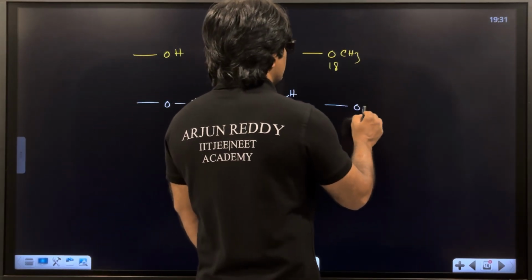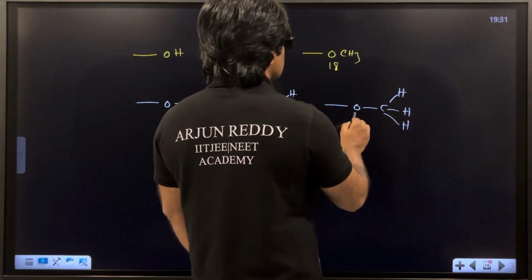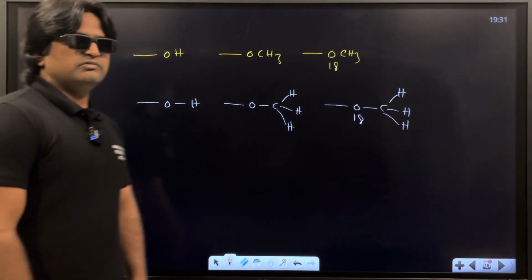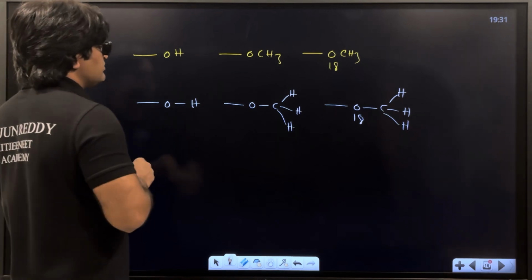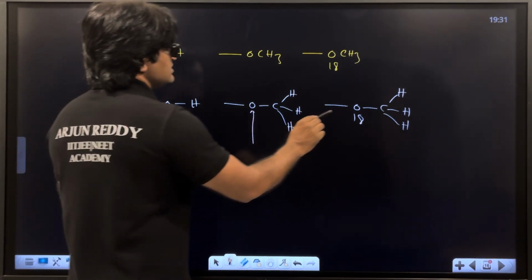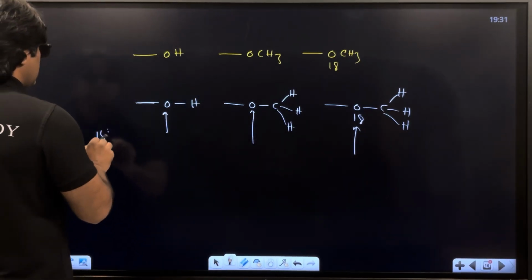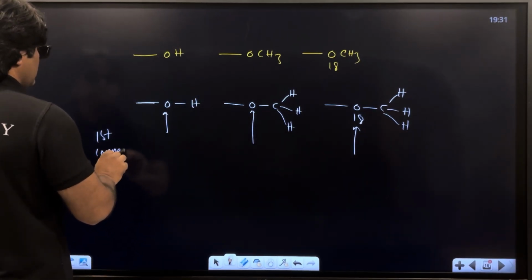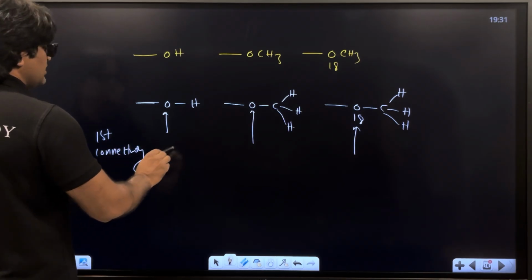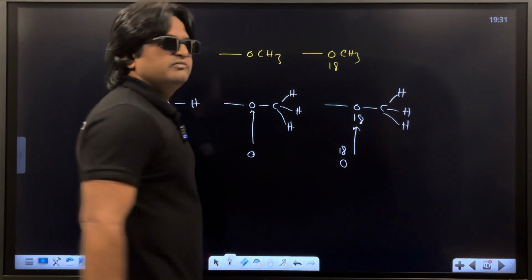Next one OC, hydrogen, hydrogen and hydrogen, but here the 18 isotope is given. Now this is our first connectivity: oxygen, here also oxygen, next one oxygen. So the first connectivity is oxygen, oxygen, oxygen, but isotope 18 is given.